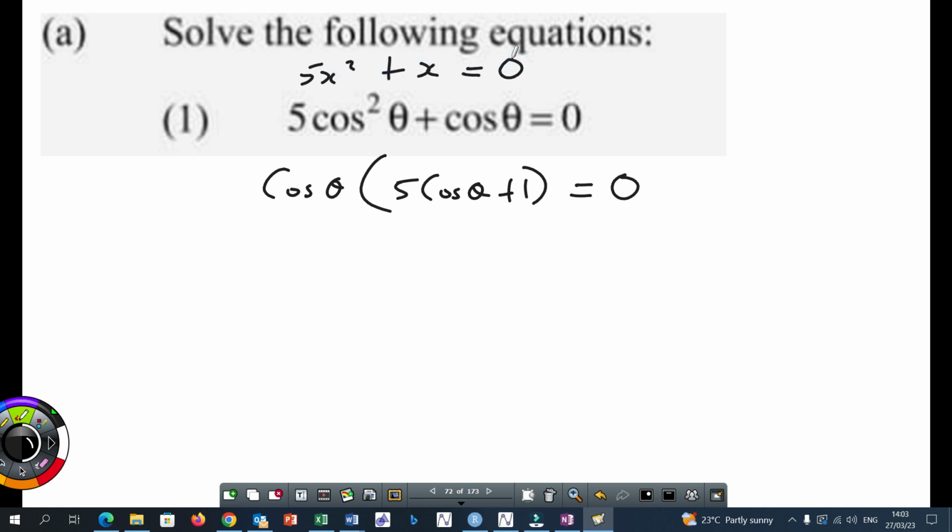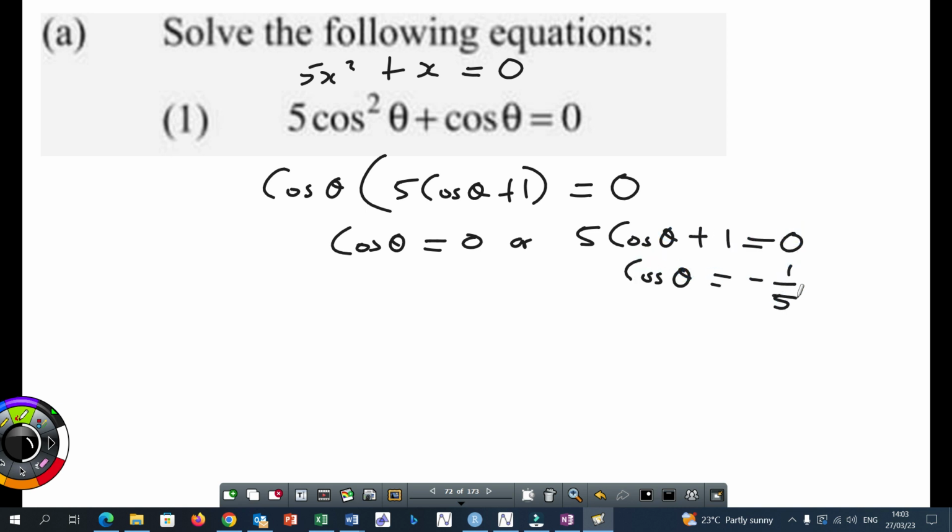So it's quadratic. If it's quadratic, then you must have 2 solutions for cos theta. So you equate each factor to 0: cos theta equal to 0, or 5 cos theta plus 1 equal to 0, which means cos theta will be negative 1 over 5.